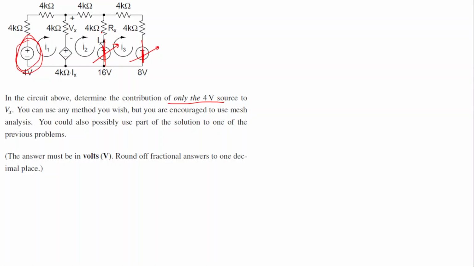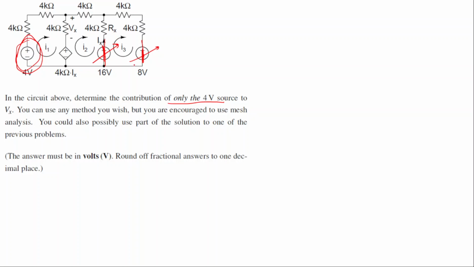That is the superposition theorem. You may study it in the next class, or may have studied it. This dependent voltage source will remain there. We need to disable only the independent sources.